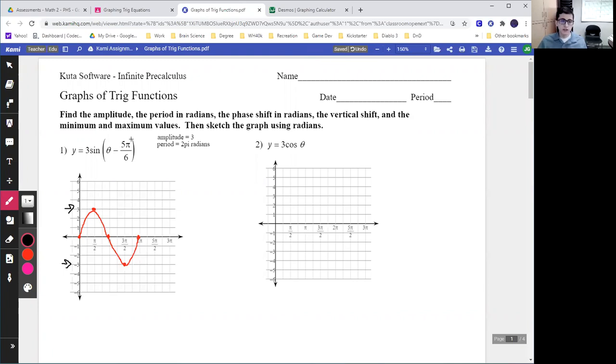So 5 pi over 6 is very close to pi. So I'm going to graph this in black. So this point here is going to move to here. This point is going to move to here. Okay, and then every point is moving almost, 5 pi over 6 is almost pi.